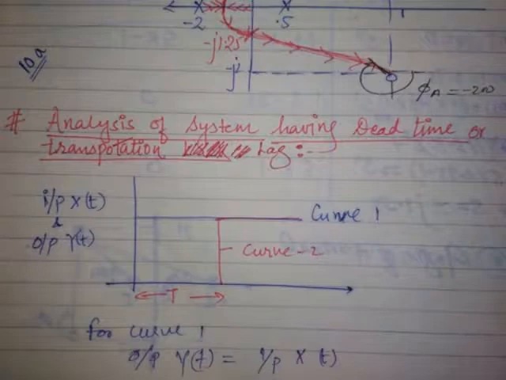Dead time is one of the forms of non-linearities in a system. If dead time is present, it means one form of non-linearity is now present in the system.